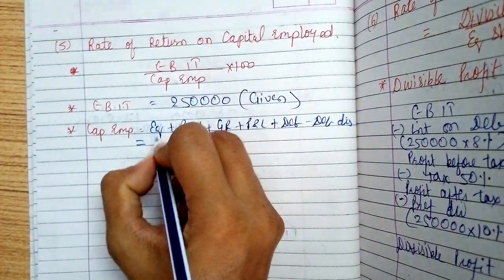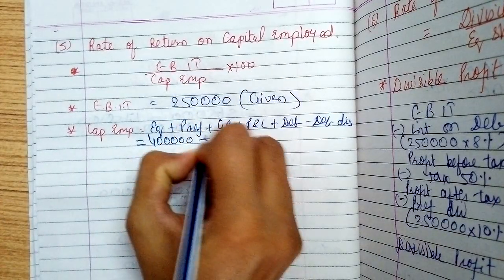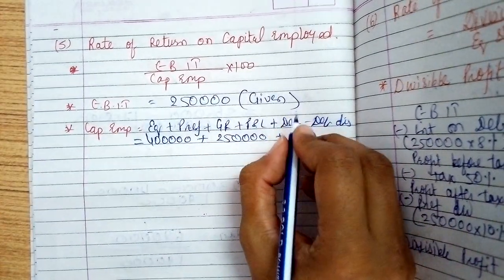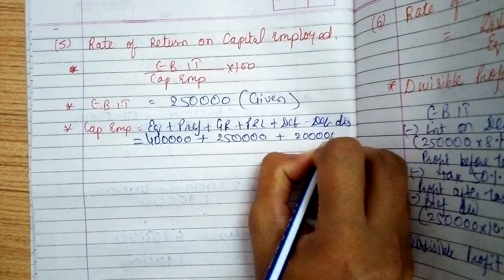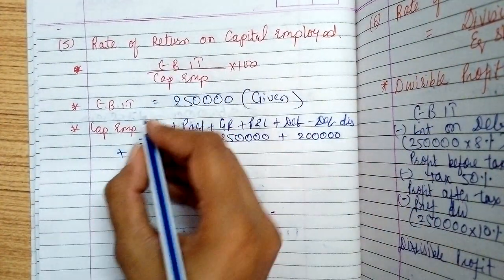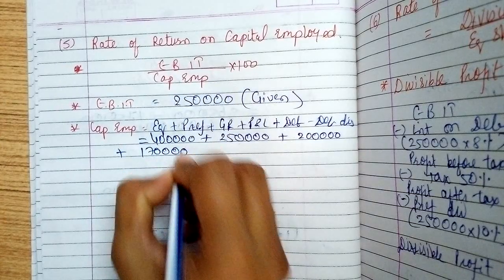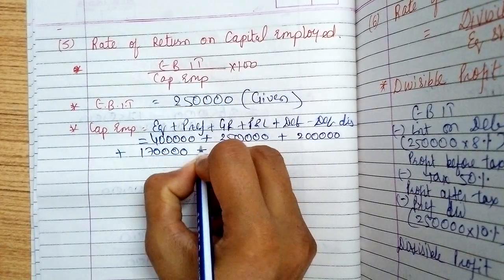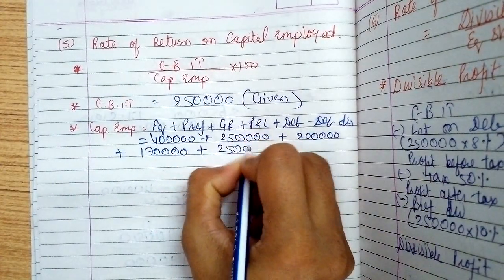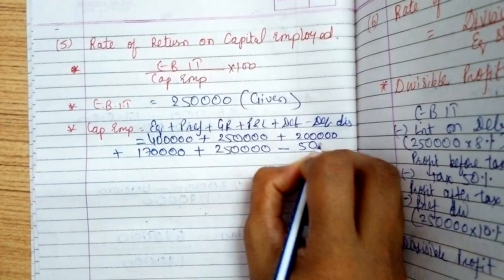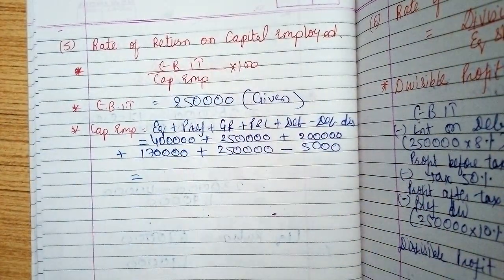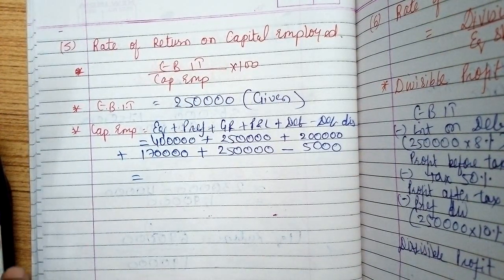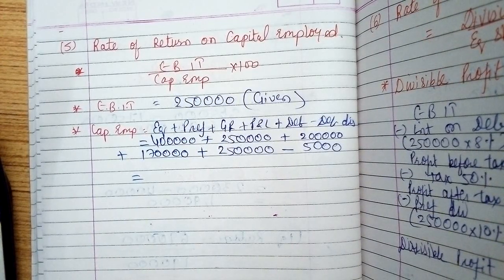Capital employed will be equity share 4 lakhs plus preference shares 2,50,000 plus general reserve 2 lakhs plus P&L account 1,70,000 plus debentures 2,50,000 minus fictitious assets of 5,000. So the answer is 4 lakh plus 2,50,000, so 6,50,000.